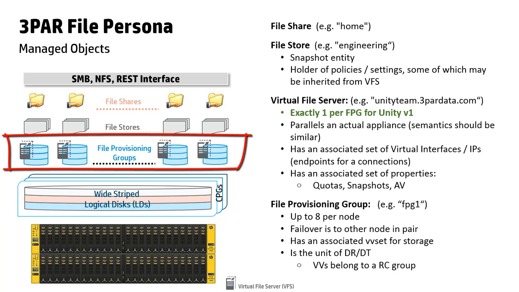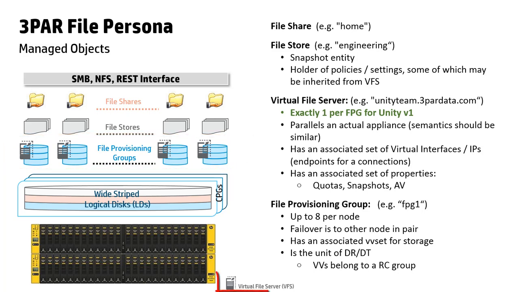Since a file provisioning group is tied to a node, it is a unit of failover between nodes. Then you would have virtual file servers that would be created and linked to a specific file provisioning group. The virtual file server is essentially your appliance that will perform file services. It would have IPs that you would connect to connect to a network share.